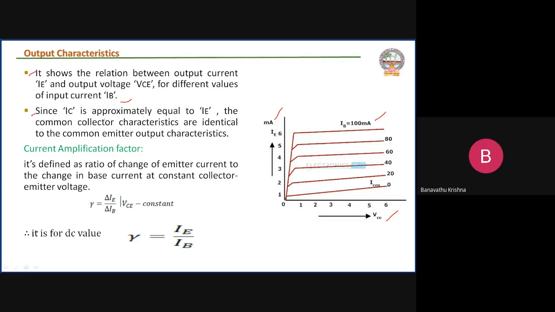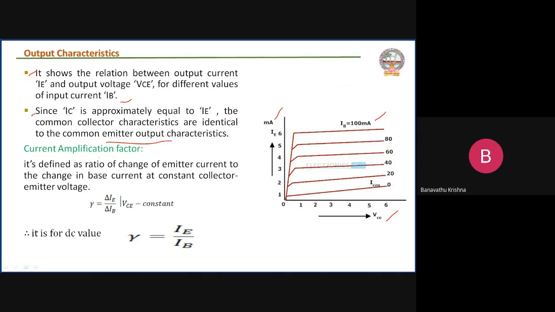Since IC is approximately equal to IE, how does this happen? As in the common emitter configuration, the maximum amount of electrons from the emitter enters the collector region, so IE is approximately equal to IC. So the common collector characteristics are identical to the common emitter output characteristics.